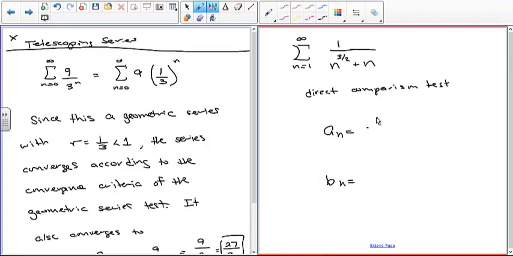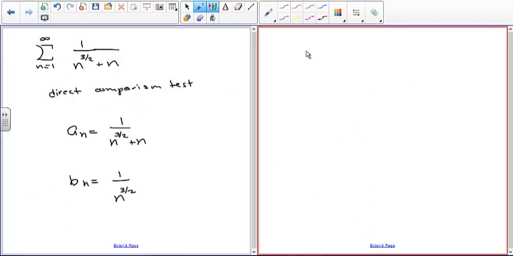So in this case, a sub n is just the expression I have here initially, and the second one would just be 1 over n to the 3/2 power. To be able to use the direct comparison test, the only thing you need to prove is that a sub n is always less than b sub n for all n.